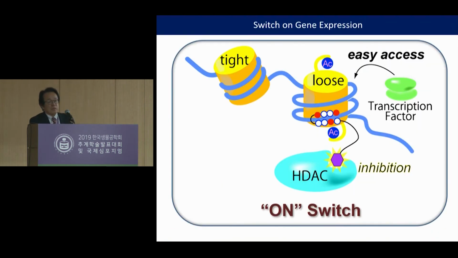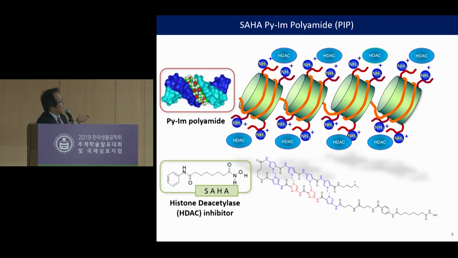In order to switch on gene expression, we need to consider epigenetics, because transcription factors can bind to loose chromatin structure. So the easiest way is probably the inhibition of HDAC. And this is the concept of our on switch.